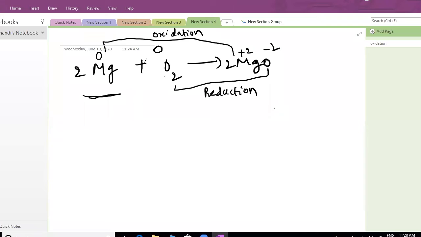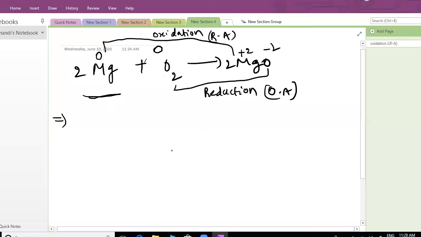Yes. Oxygen is the oxidizing agent. Correct. So which is reduction, you can write the oxidizing agent only. Which is oxidation, the opposite term, reducing agent. That's enough. Okay, fine. Up to this, just simply note down.